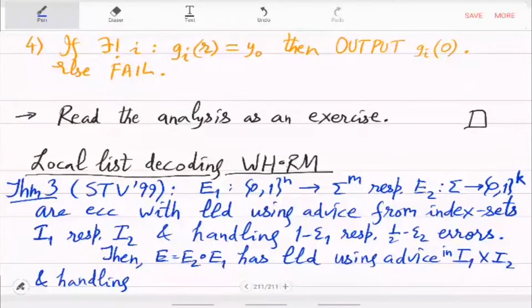It should be some type of a product, right? 1 minus epsilon 1 times half minus epsilon 2.